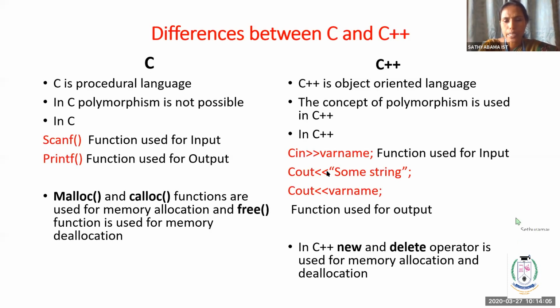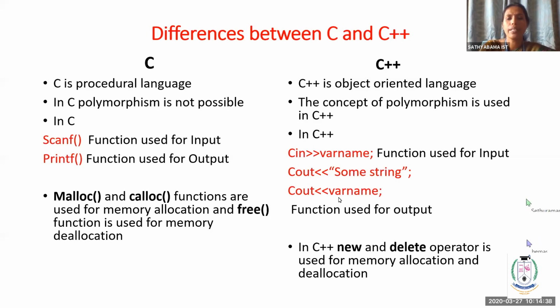There are two ways you can use the cout statement also: you can display some user-defined statement. Like in the C program, we write printf, enter the number or enter the name. Like that, we give some user-defined statement. Similarly, in C++, we can give some user-defined statement to print on our console output. So we give the cout statement, the operator, and some user-defined statements.